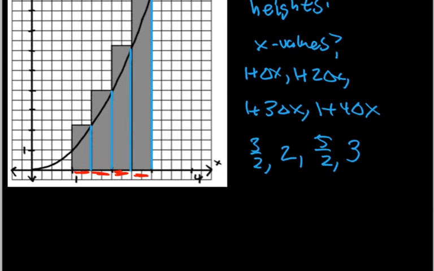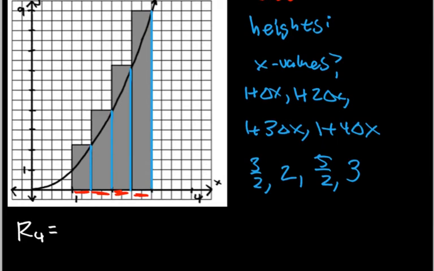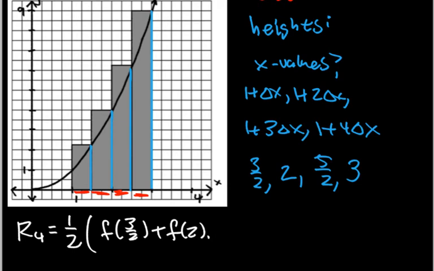Okay, so let's just put that into an actual sum form, and notice delta x is the same no matter what, and you're going to multiply that delta x to each of the function values, right? So you can just factor that out to the front at the very beginning. So I'm going to do that, and we got f of 3 over 2, plus f of 2 plus f of 5 over 2 plus f of 3.